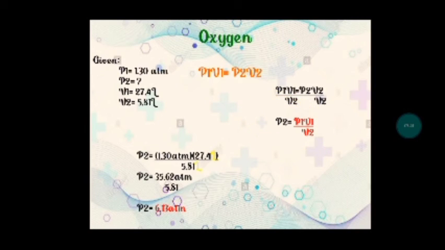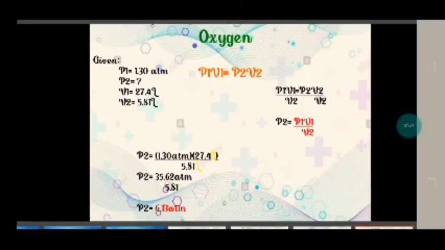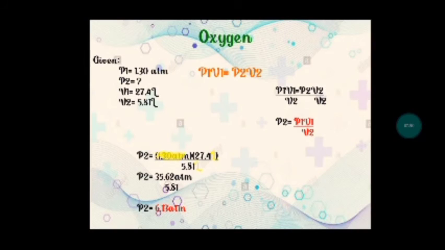Substituting the values, P1 is 1.30 atm. Our V1, the volume 1, is 27.4 liters. And then our V2 is 5.81 liters.